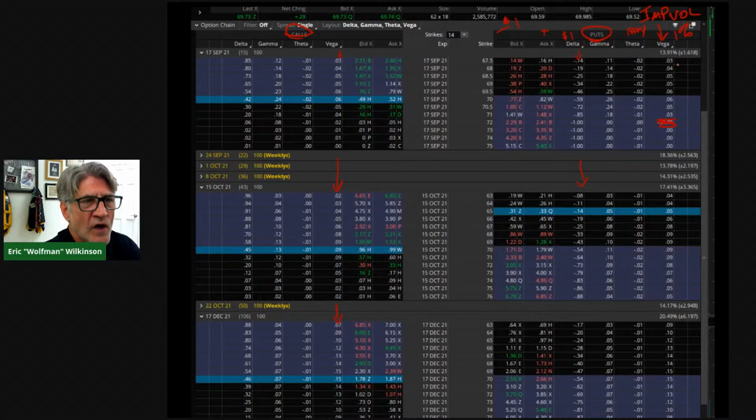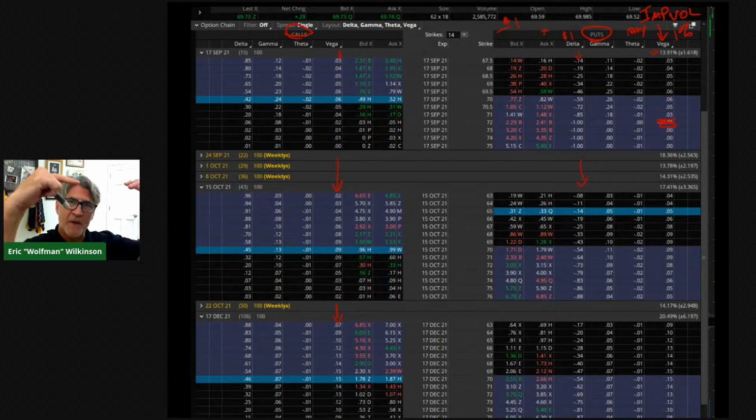So increase of 1%. So if ours increases from 13.91 to 14.91, all of the premiums would increase by that. All right. So volatility, when it's at extreme highs, we know that those options premiums are expensive. And when Vega is at extreme low, we know that they're really cheap.